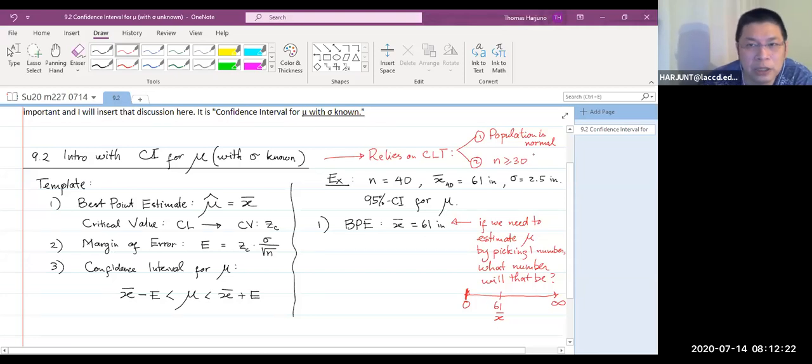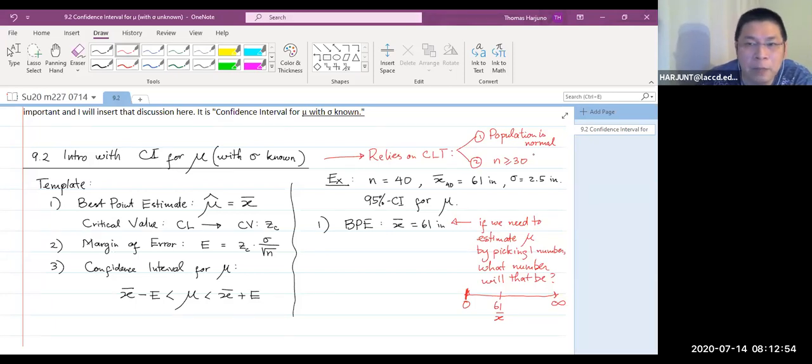If the population is not known to be normal or the sample size is less than 30, we cannot use this model. Well, it is possible, but the reliability of the result will be questionable, unless we know more, for example that the data seems to be symmetric or approximately normal.